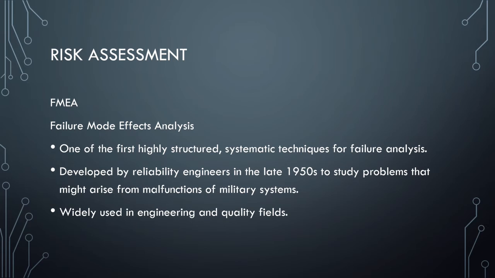This was developed back in the 1950s by some reliability engineers to study problems that could happen with military systems. To prevent against those problems and to be sure that they could handle any problems that arose, these engineers came up with this mode of analyzing risk, to help prevent risk first of all, and to mitigate risk if it did occur.